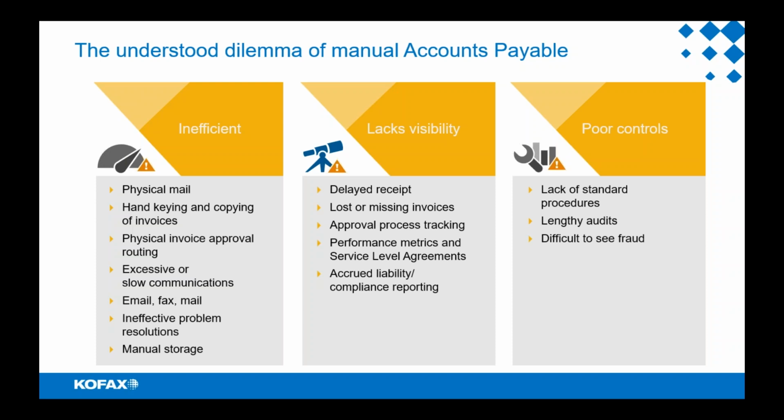It's in the controls area, when you look at compliancy and standard procedures, that if you don't have automated facilities in place, you're going to see the audit costs that you have, your ability to manage fraud and other types of things become a real concern to your business. And therefore, when it comes to controls, having that automated AP department is something that can really assist you when it comes to managing your compliancy and your internal controls inside the organization.